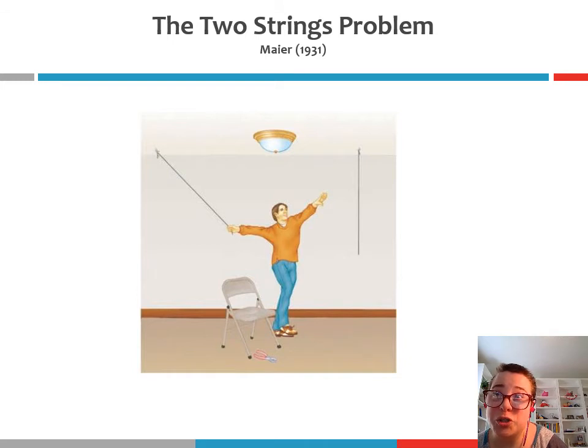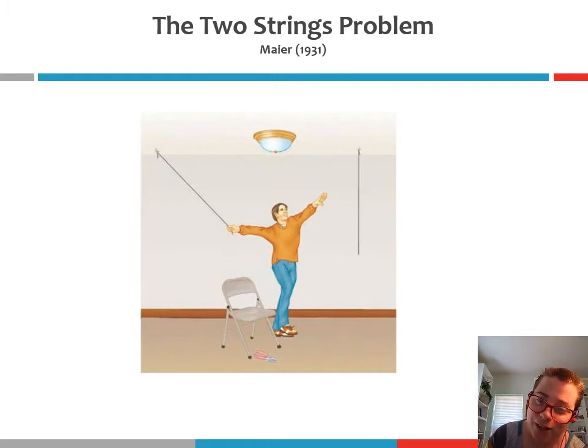And when the researcher did that, 23 out of 37 participants who hadn't solved the problem after 10 minutes suddenly were able to solve it in 60 seconds, right? So seeing the string swinging from side to side apparently triggered the insight that pliers can be used as a weight to serve as a pendulum that creates that swinging motion.